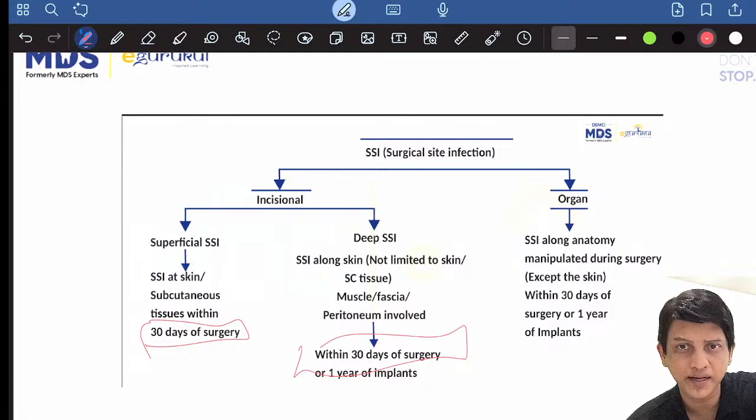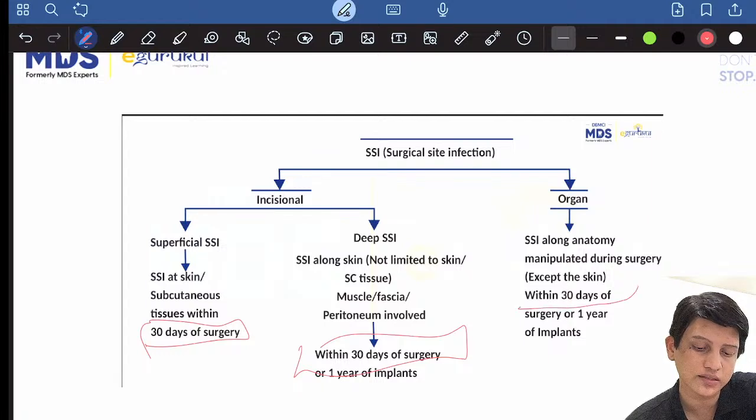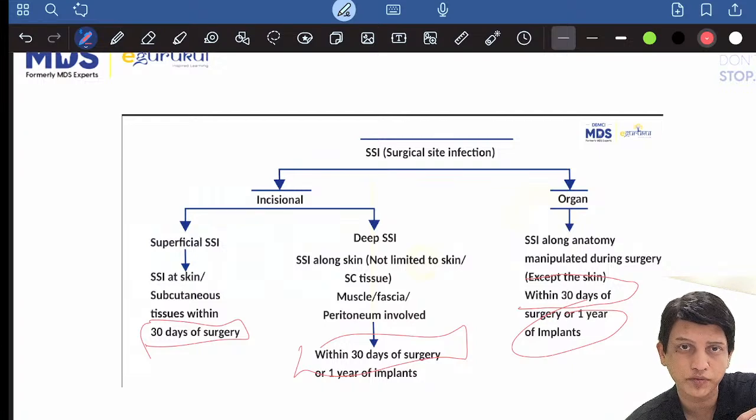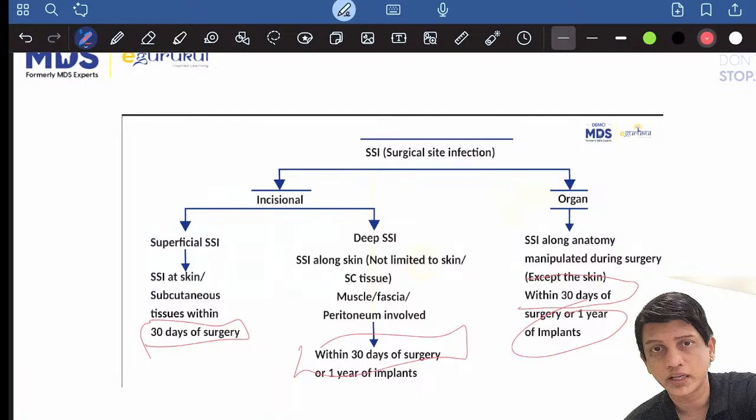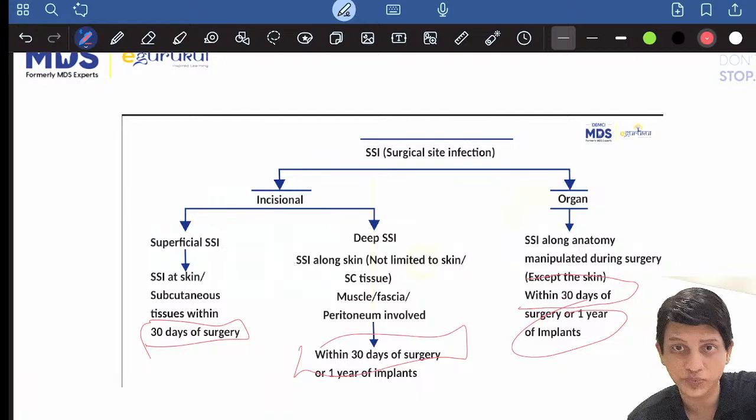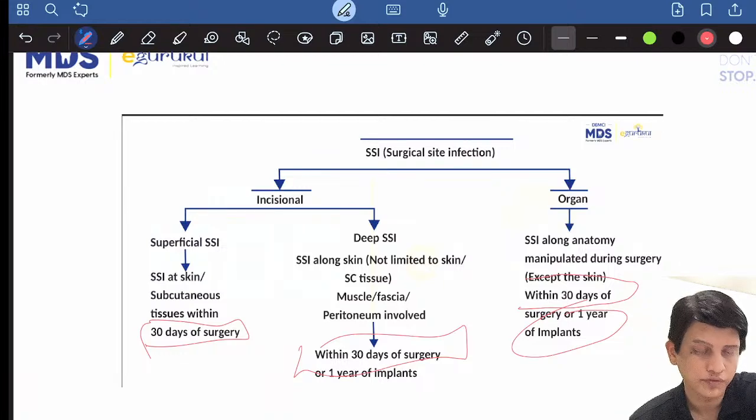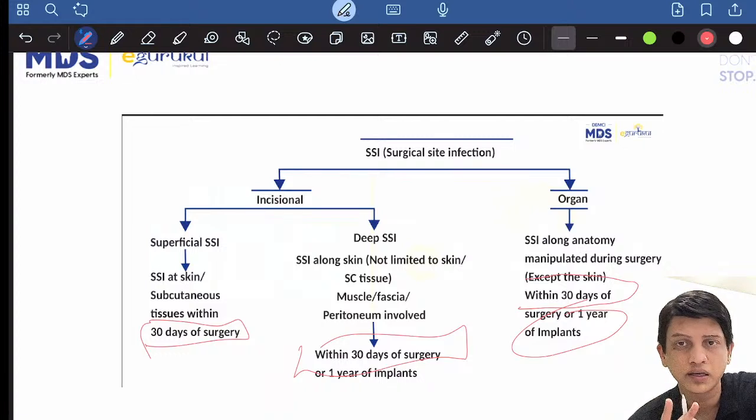If an implant is put and gets infected within 1 year, we call it deep SSI. For organ space, again the same: within 30 days of surgery or 1 year of implants. So surgical site infection can be superficial, deep, or even in the organ space inside the abdomen. Remember, SSI is called when it happens within 30 days of the surgery.